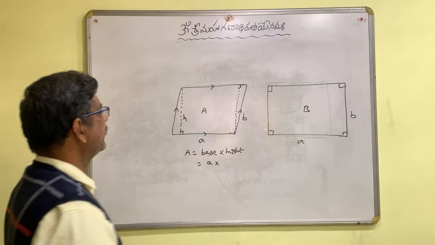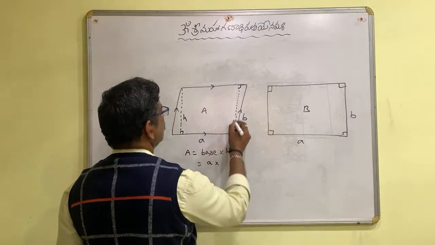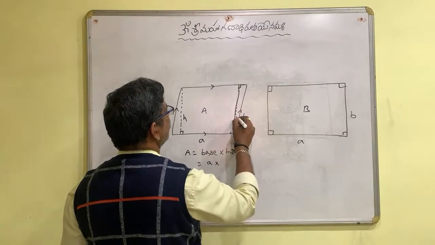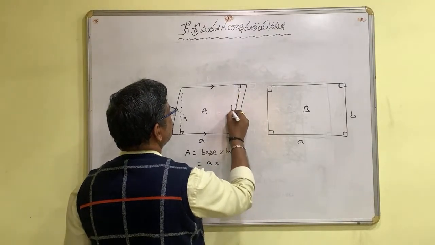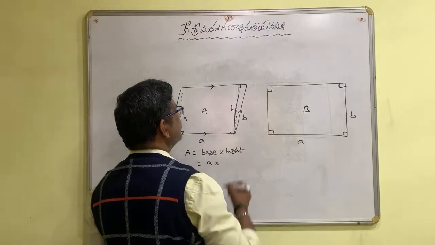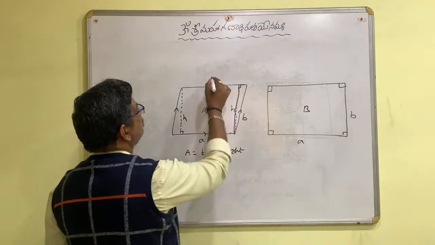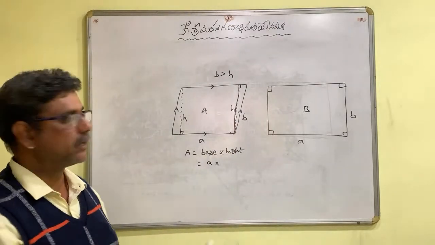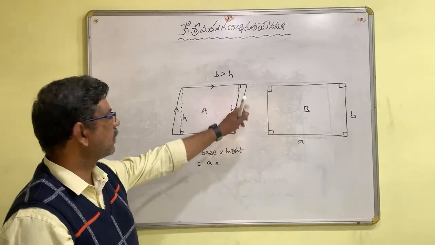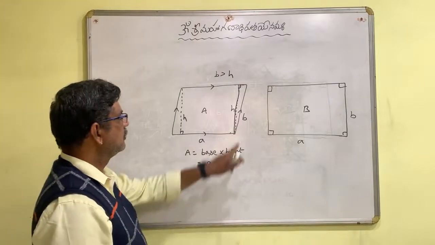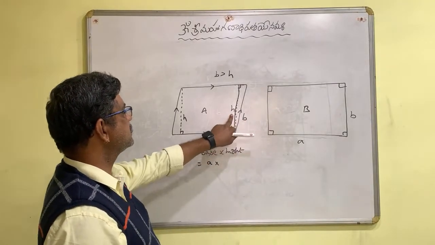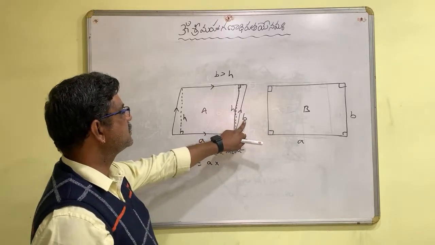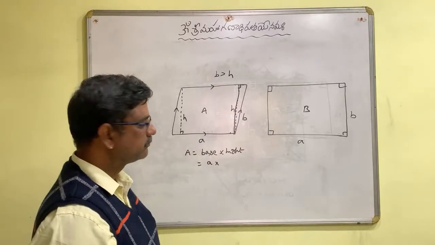If you observe here, you can observe a right triangle over here. This is H and B is the hypotenuse. B is always greater than H in this small right triangle. B is hypotenuse, H is perpendicular. Clearly B is greater than H. Okay na?